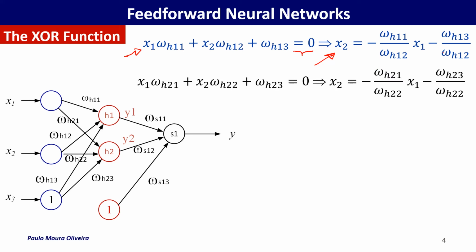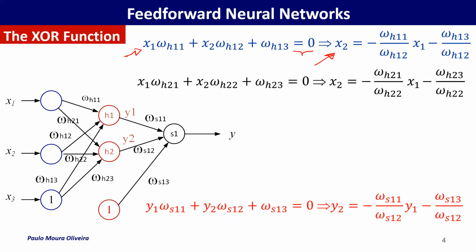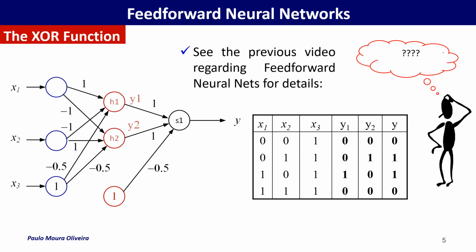We can do that also for the second hidden neuron, and for the third, the output neuron. Okay, so we have the three lines, one for each of the neurons. We have seen in the previous video, neural networks 1, that this is true. So for this combination of inputs, the output is really an XOR.